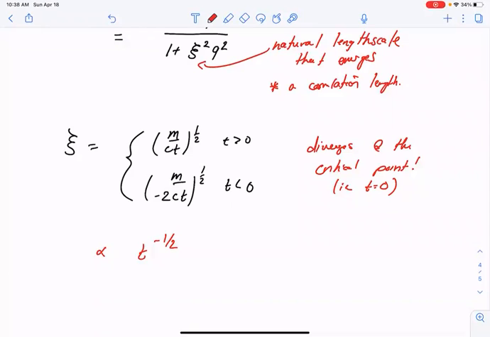Indeed, this is something we anticipated in our phenomenological discussion of phase transitions, that the only way to get divergences in thermodynamic quantities like susceptibilities is if the system becomes correlated over macroscopic length scales. So we have just uncovered the specific temperature dependence of that correlation length.